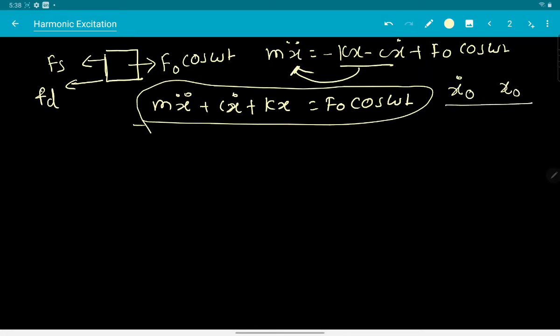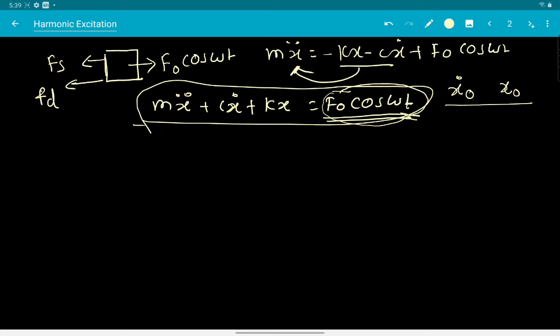This differential equation, as we already talked about in the previous class, is non-homogeneous in nature because it has this term sitting over here which is not 0. It changes its value as well as its sign as t progresses. So this side of the differential equation is non-zero, and hence this is a non-homogeneous differential equation.